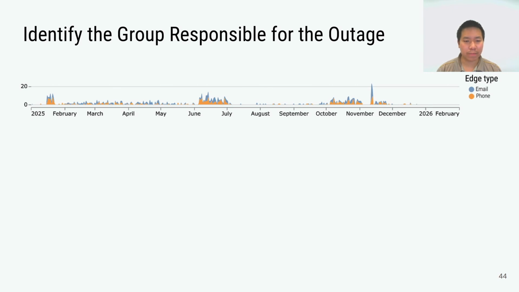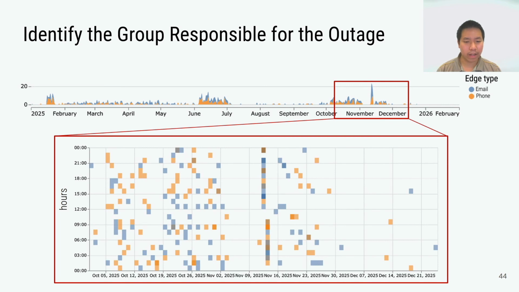To identify suspicious activity on the extracted subgraph, we visualize aggregate time series and we saw a sudden peak of communication in November. That led us to explore further what happened. Using the heat map plotting between day and hours, we observed that this peak happened after there was no communication for several days.